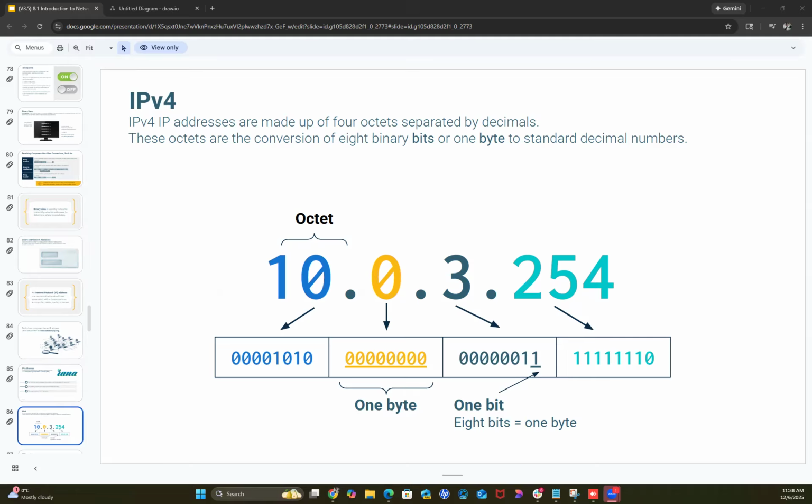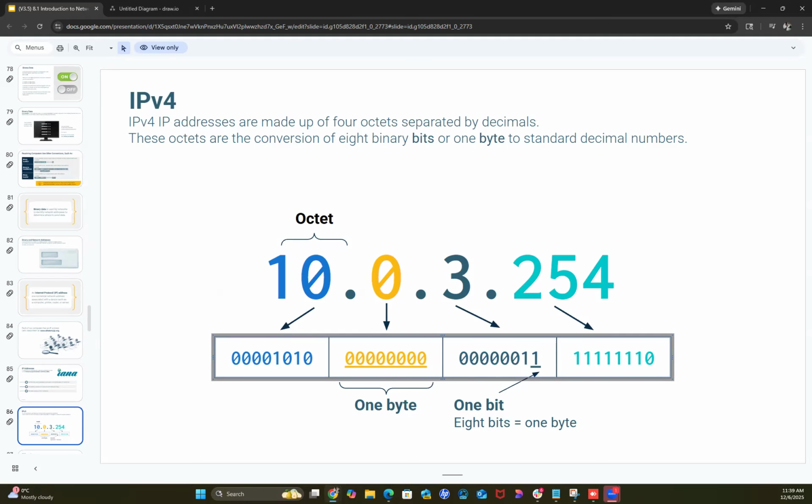And a byte means 8 bits strung together. So this is 1 bit, and the whole is a byte: 0 0 0 0 0 0 1 1. This is 1 byte. 8 bits equal 1 byte.